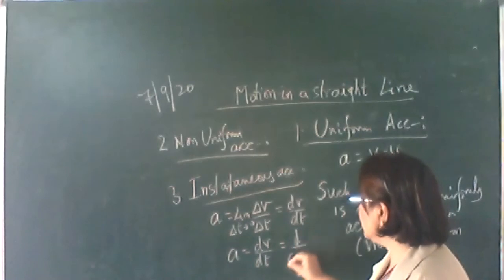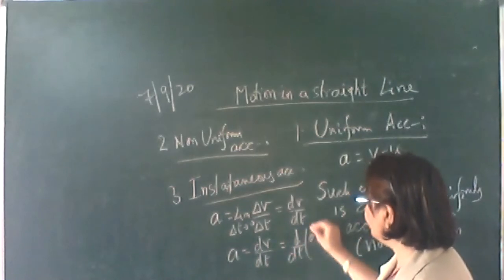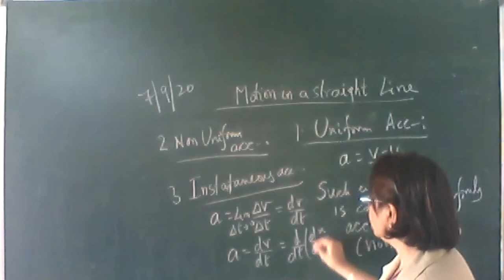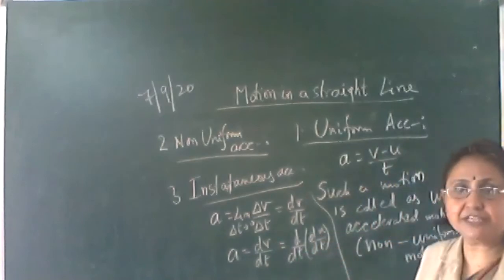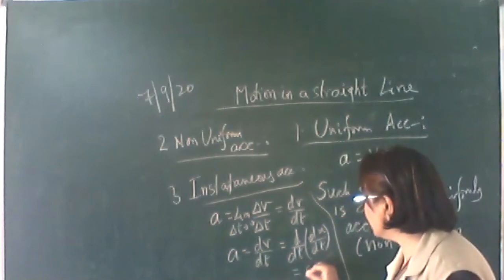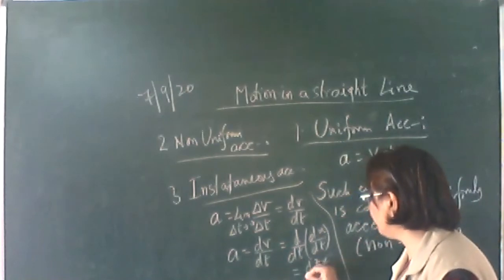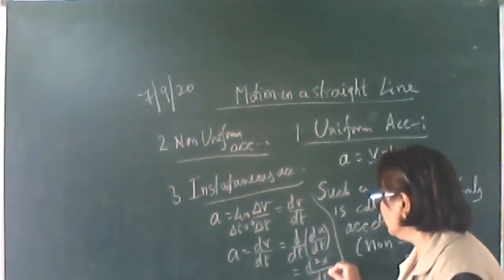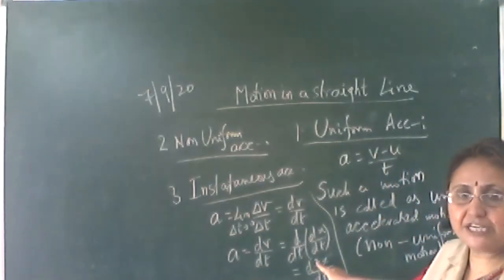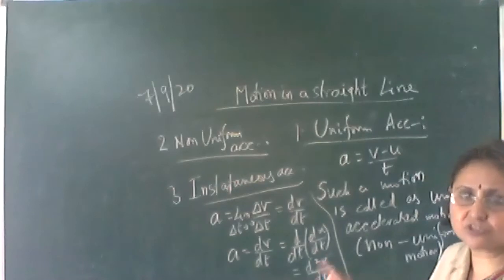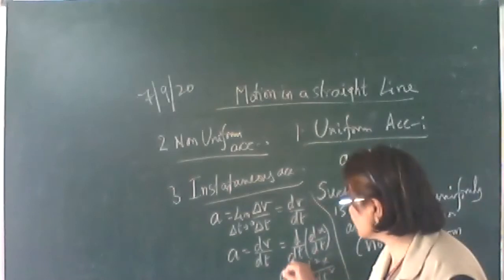So d upon dt of dx by dt can be written as d2x upon dt square.